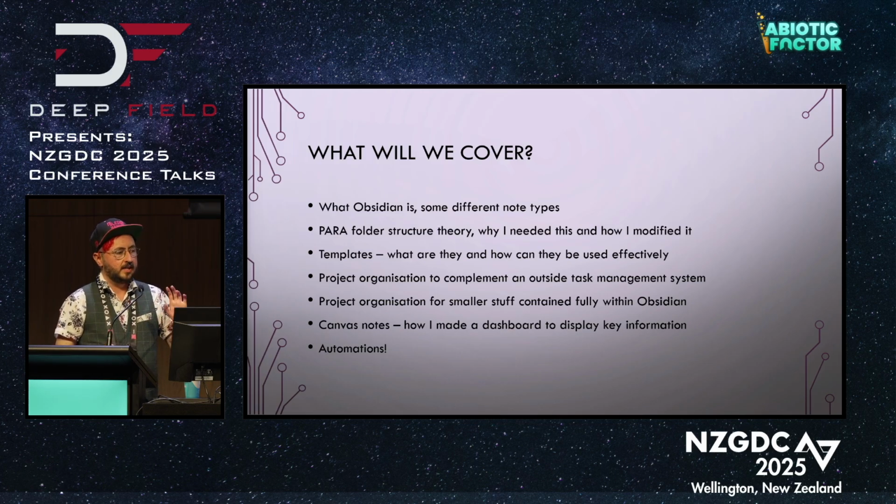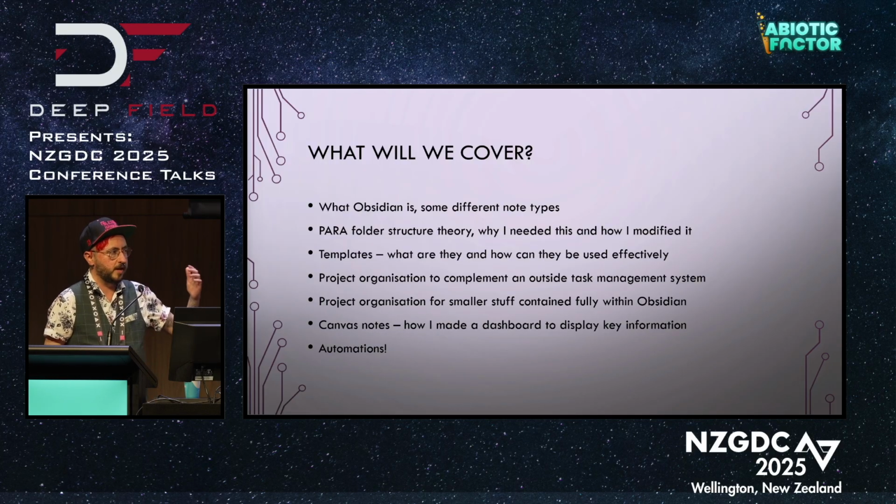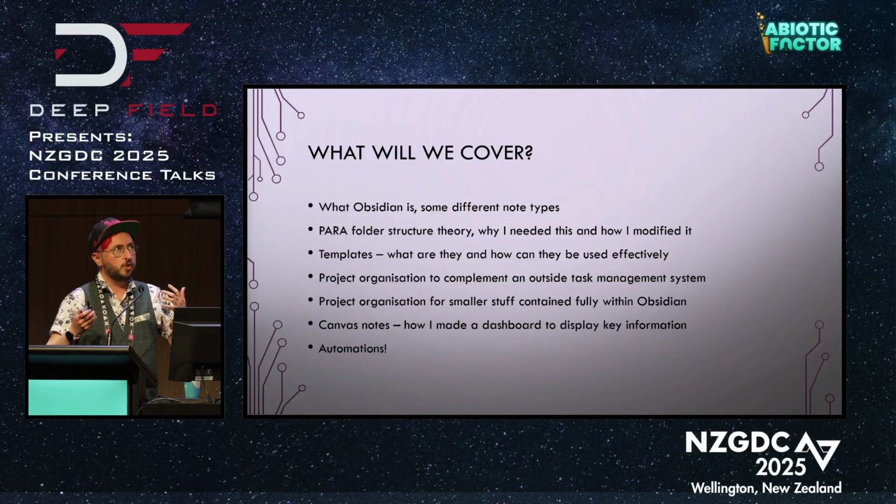If you have never used Obsidian before, I could probably point you to resources to figure out how to use it more basically, but this is going to be an inspirational, what can I do with Obsidian? Because a lot of people don't even know where to start with setups and stuff.